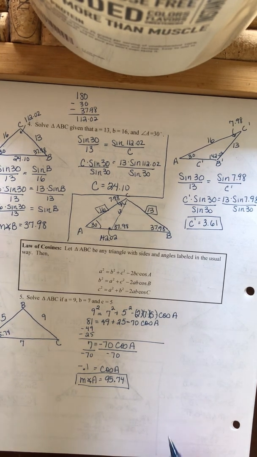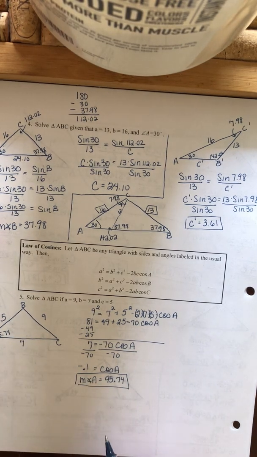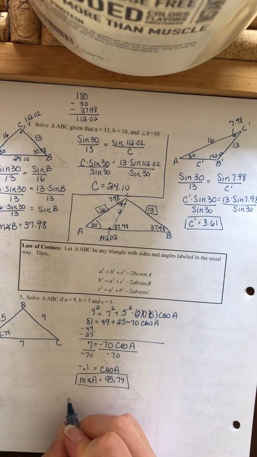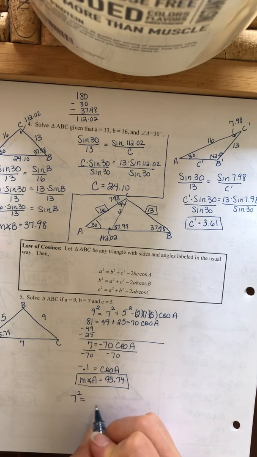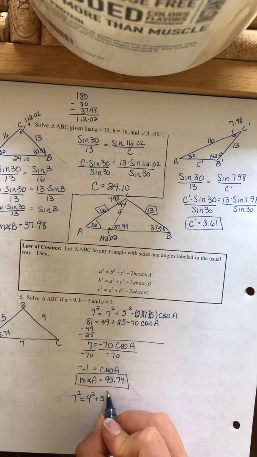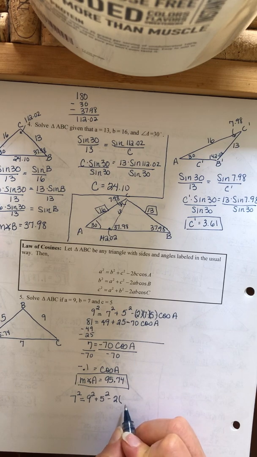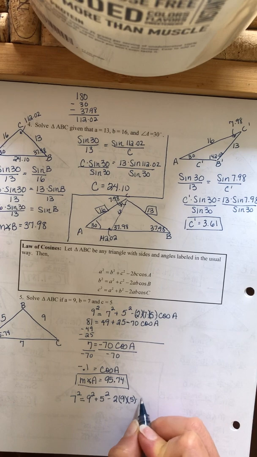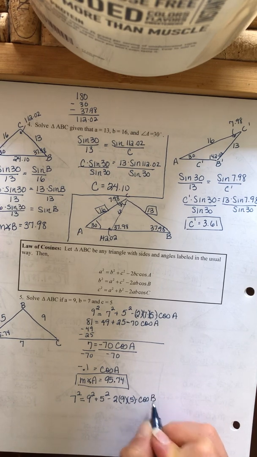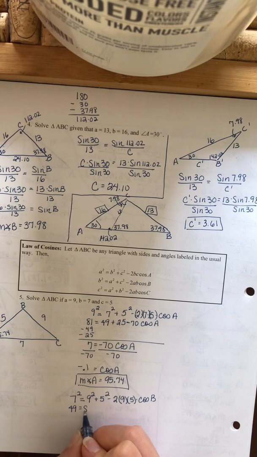Okay, so we can pick a different angle. It doesn't matter. I'm going to go with, let's try B. So we are going to have b squared, so that's 7 squared, is equal to a squared, which is 9, plus c squared, which is 5, minus 2 times 9 times 5 times cosine of B. Okay, so again, we just got to be careful with order of operations.